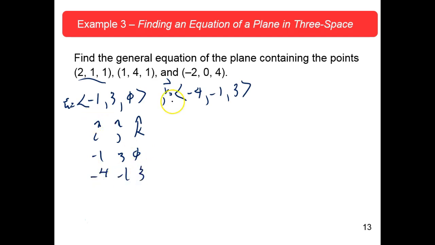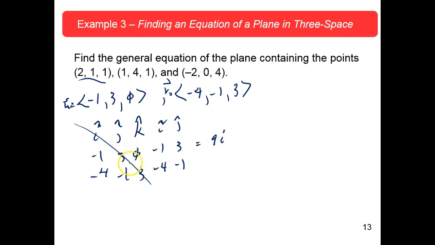The easy thing to me is to repeat the first two columns: i, -1, -4, and j, 3, -1. And then do your diagonals.